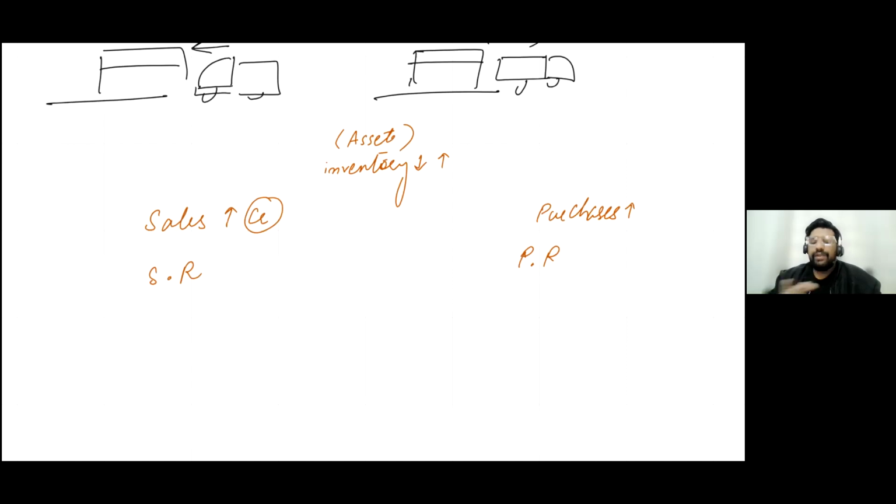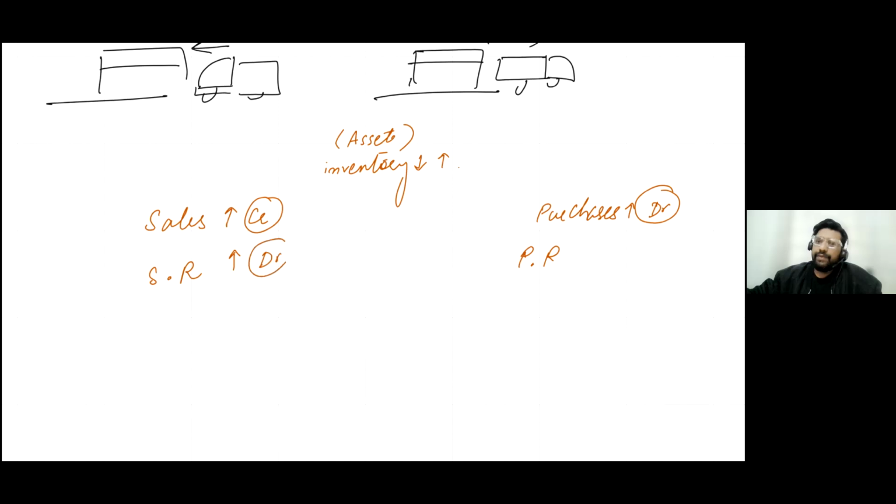So sales account is always credit. Purchases account is always debit. Sales return account is opposite of sales. So when we do sales return, our inventory is increasing because I am getting my stock back. And my stock is increasing, so I'm going to debit it.